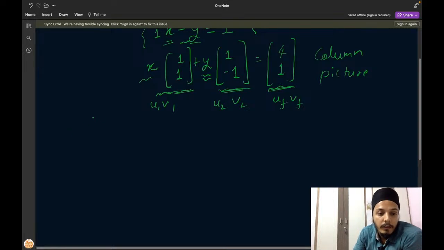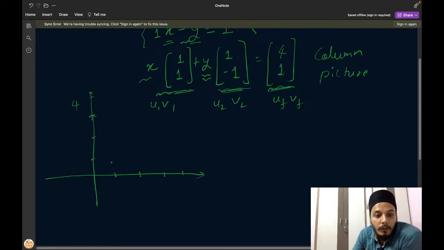So let us first see where these vectors lie. So this point 1 comma 1, let us make a grid here, 1 2 3 4. This will be 1 2 3, and let this be 4. So 1 comma 1 will be somewhere here.